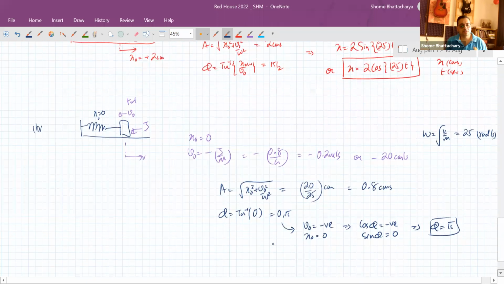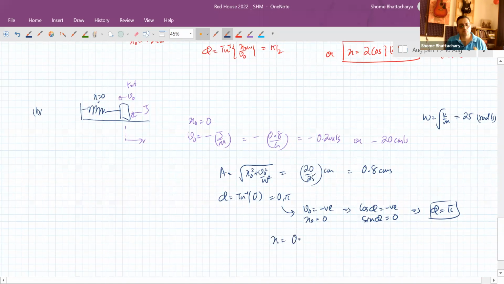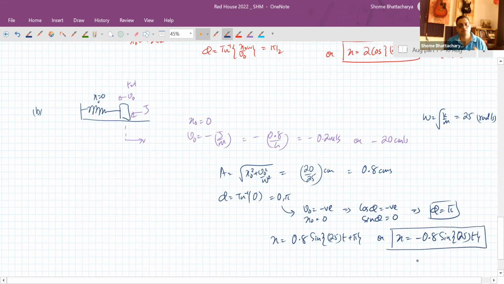So my equation of SHM is 0.8 sin(25t plus pi), or x is equal to minus 0.8 sin 25t. Here again, x is in centimeters, t is in seconds.